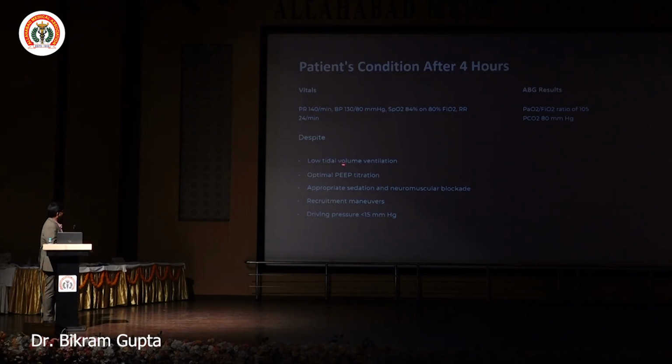So despite low tidal volume ventilation, we have given 6 ml per kg, optimal PEEP titration on the basis of driving pressure, we have started the appropriate sedation and neuromuscular blockade, we have given the recruitment maneuver because of the refractory hypoxemia, and we are keeping the driving pressure of less than 15 mm Hg. Even then the patient has the SpO2 of only 84% with 80% FiO2, and PF ratio is 105. So the patient continues to have significant hypoxemia, indicating the need for an additional rescue strategy.